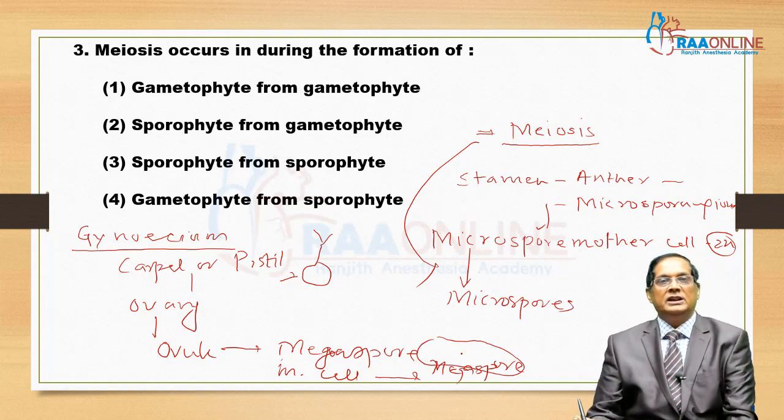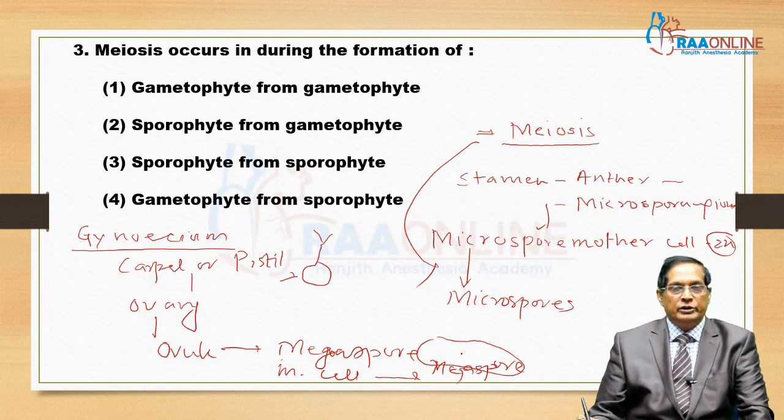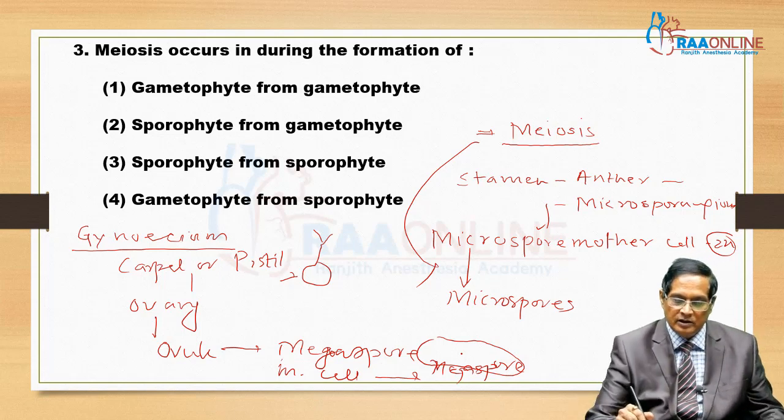In any angiospermic plant, meiosis takes place at the time of spore formation, and spores are representative of the gametophytic generation.